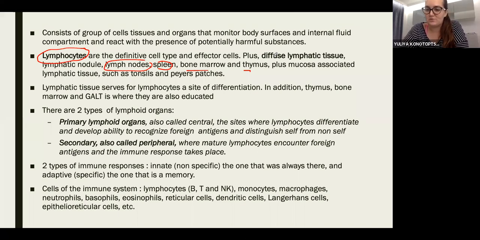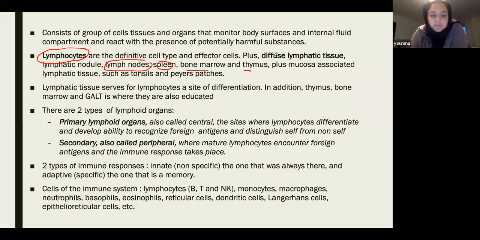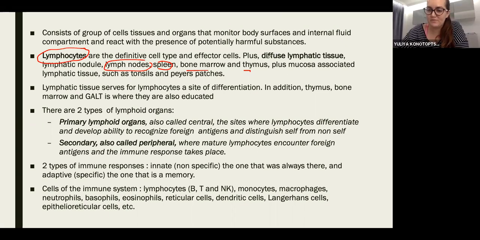In our first class, we discussed this. First class ever with us. Lamina propria. Perfect, lamina propria. So diffuse lymphatic tissue, another way to describe it is simply to say lamina propria. Even another way to say it is MALT, mucosa associated lymphatic tissue.